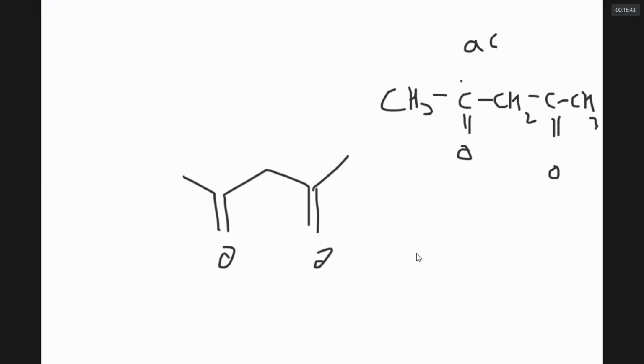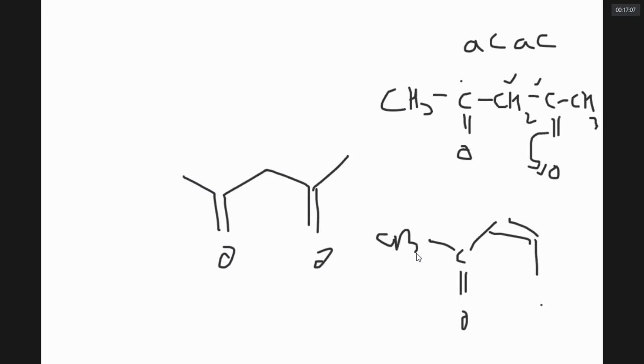Acetyl acetone has the symbol AC. Now, this hydrogen will go over here because the pi electrons come here, and you get a double bond here. No change here. It is called enol form.